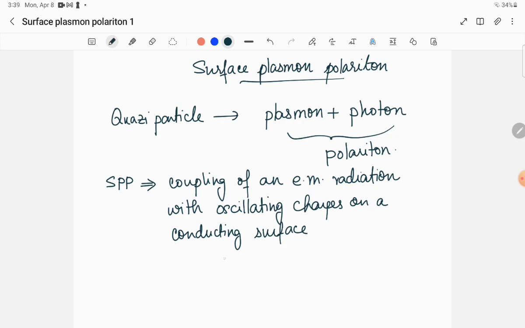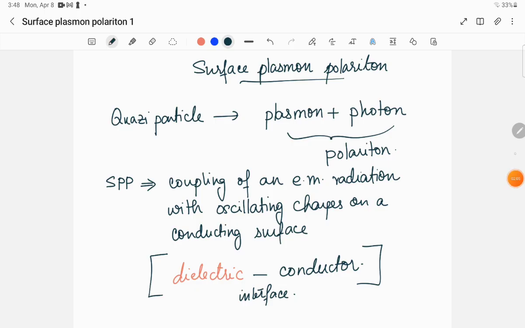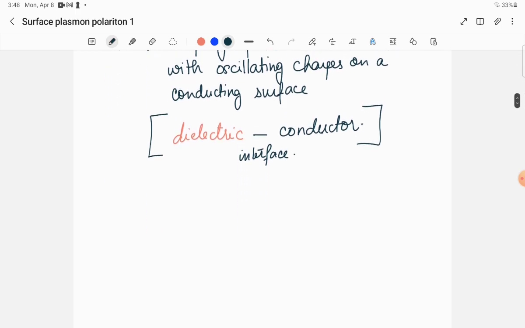Now, what conducting surface can you think of? To get this conducting surface, one needs to have an interface, a dielectric-conductor interface.